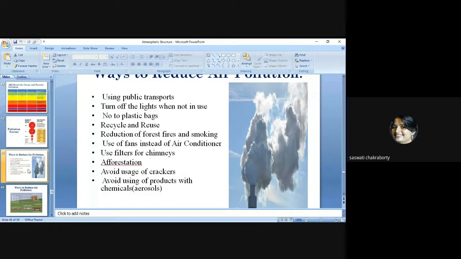Now, how can turning off a light when not in use be a way of reducing air pollution? Can anybody say? Burning of coal and fuel. Using less electric energy, using solar energy. Of course, using solar energy is a good way of preventing air pollution, but we are turning on the light using that solar energy.